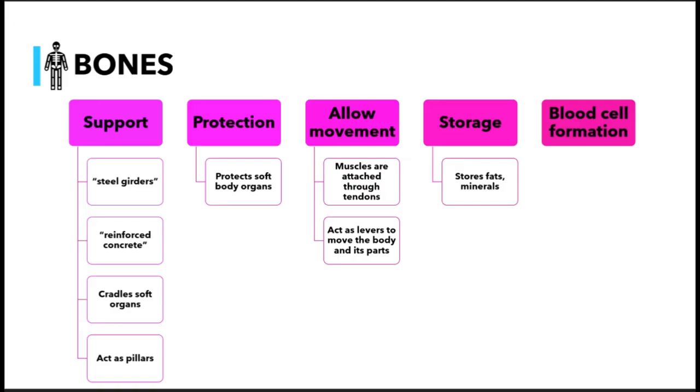Example of minerals that are stored are your phosphorus and calcium. Your calcium are stored as calcium salts, and small amounts of calcium in its ion form must be present in the blood.